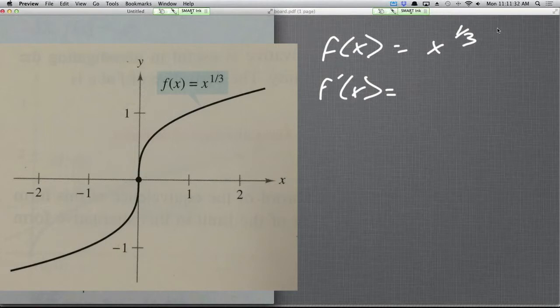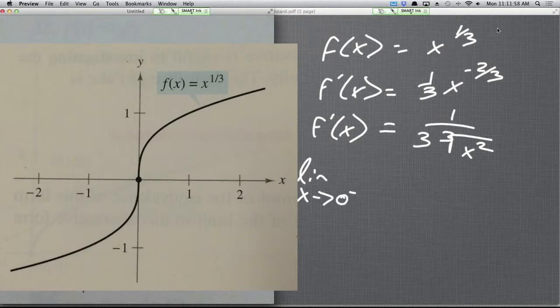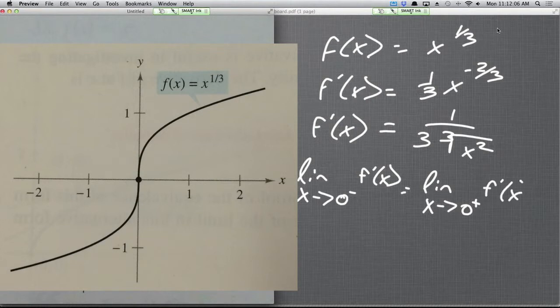So let's double check that. If I take the derivative, that's 1/3 x to the negative 2/3, so we're looking at 1 over 3 cube root of x squared. We see the issue is going to be 0, so we want the limit as x approaches 0 from the left of my derivative, and the limit as x approaches 0 from the right of my derivative.